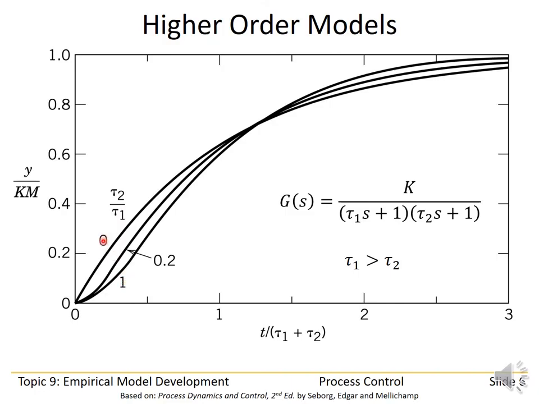When this ratio is 0, that means tau2 is 0, and we have the response of a first order process like this. As this ratio increases towards 1, we have a more pronounced inflection. The response is slower at first, then speeds up, and approaches the steady state value more quickly. This ratio being equal to 1 corresponds to the case where tau2 and tau1 are equal.